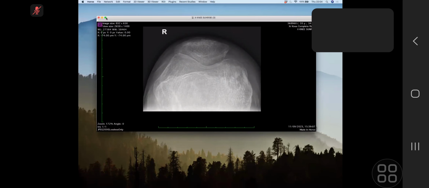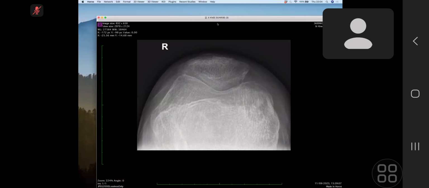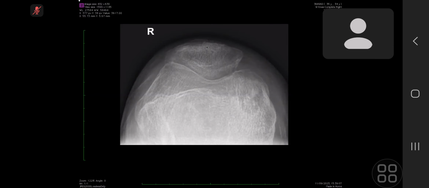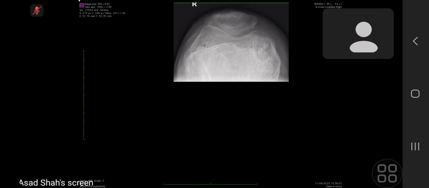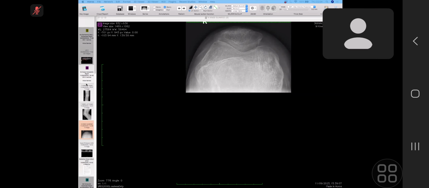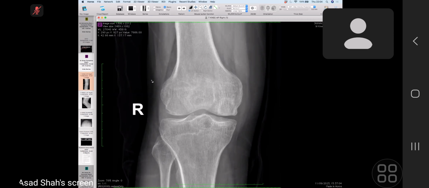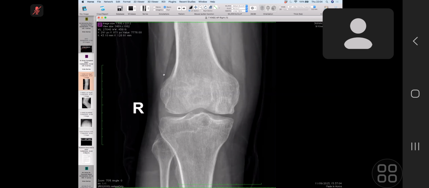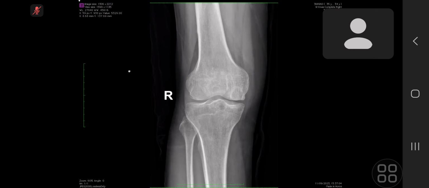A second, I'll get to the correct view. And you've got a non-weight bearing body.